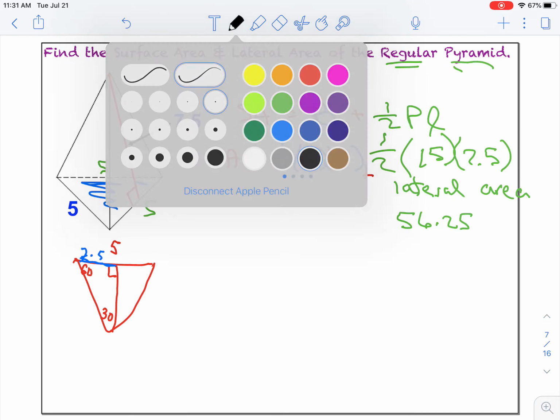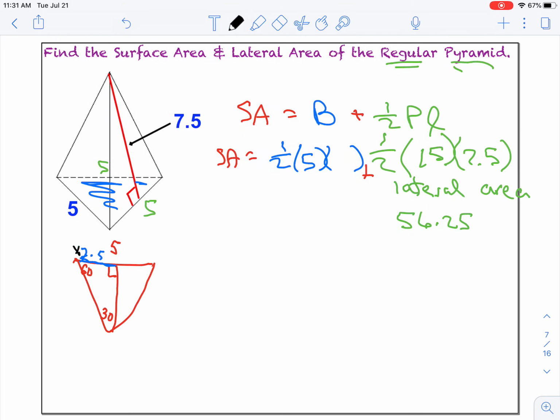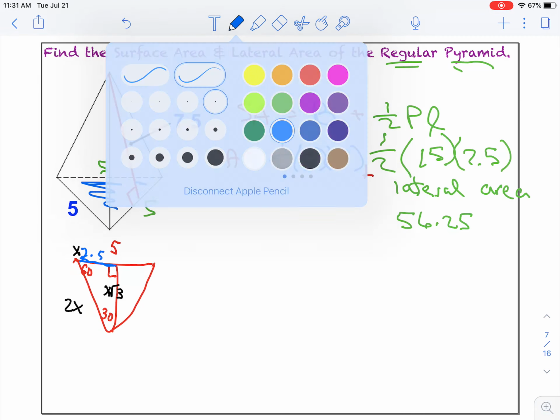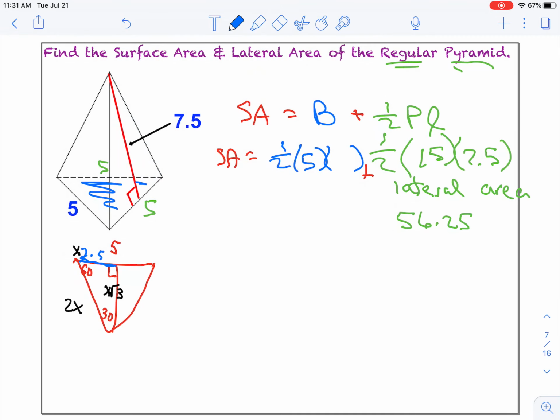So now I can use my relationships. My short leg is x, my hypotenuse is 2x, and my longer leg is x root 3. So that means that this height of the triangle is 2.5 square root of 3. So the area of my base is 10.83.